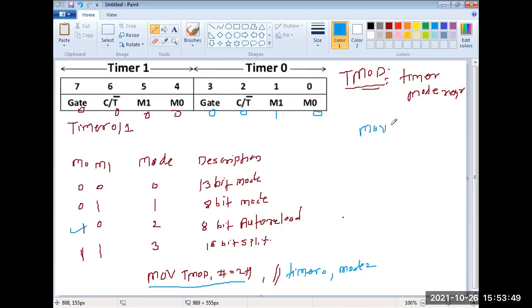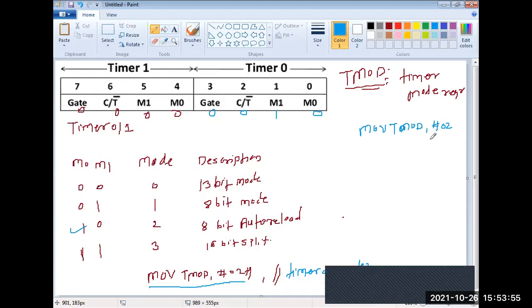MOV TMOD, #02 by default. Then MOV TH0, #05. Then MOV TL0, #02.